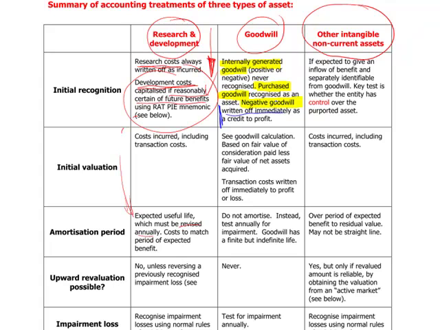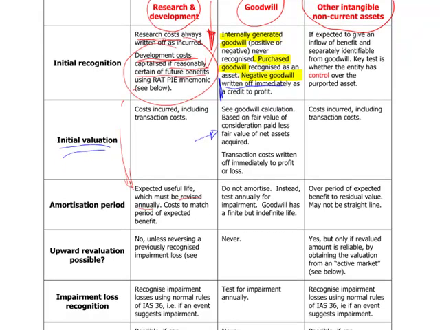So this being said, goodwill, remember, has more types, and what do we do with it? How is the initial valuation for goodwill done? In simple terms, because like I said, we'll speak more about goodwill in the consolidation chapters, you have to think of goodwill as the difference between the fair value of consideration paid, which is pretty much the investment, the amount you pay for acquiring, let's say, a business, less the fair value of net assets acquired, how much that particular business is worth.